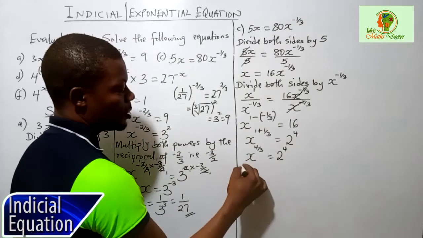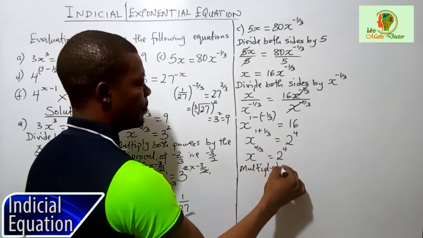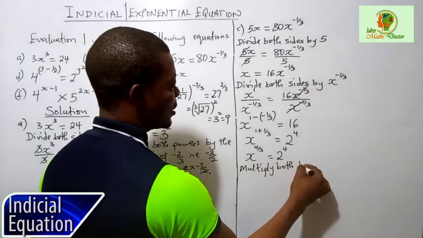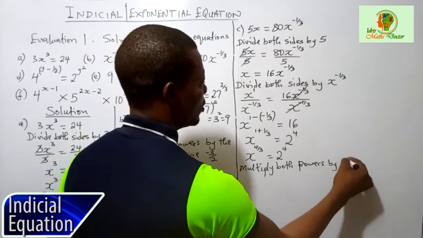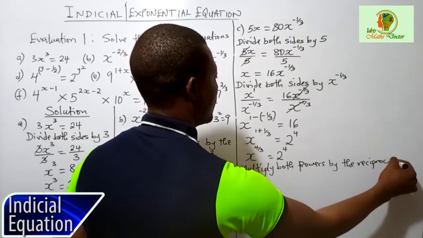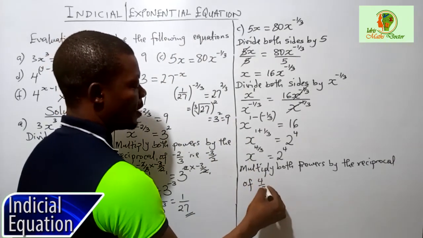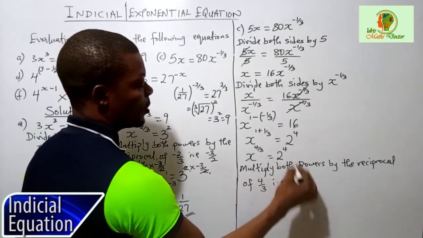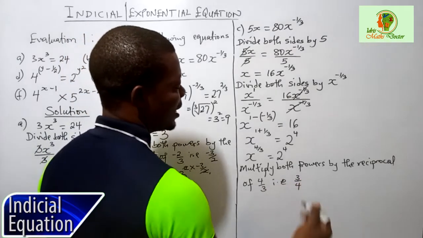Now we are going to multiply both powers by the reciprocal of 4 over 3. And the reciprocal is 3 over 4. That's good.